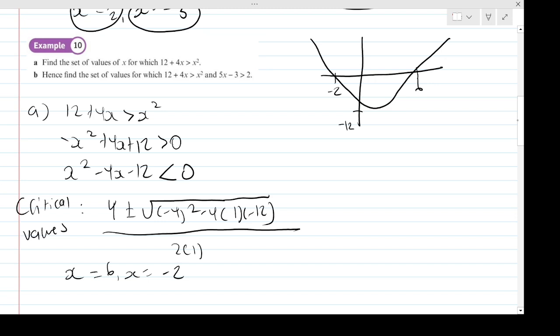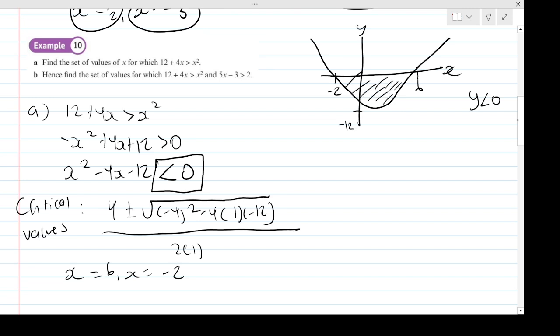So what we want this time is when it's less than 0. That means y is less than 0, which means it needs to be below the x-axis. So when it's below the x-axis, it's going to be this region, isn't it? Okay.